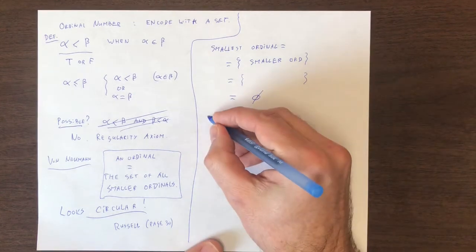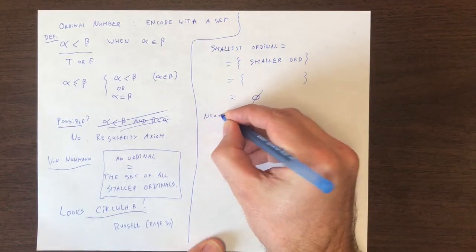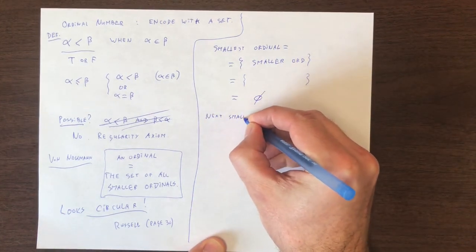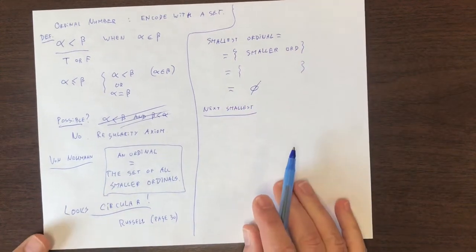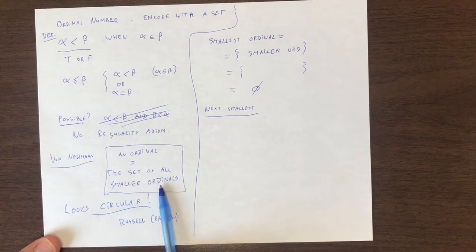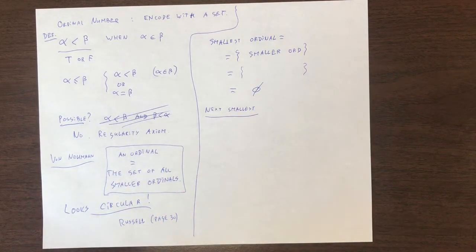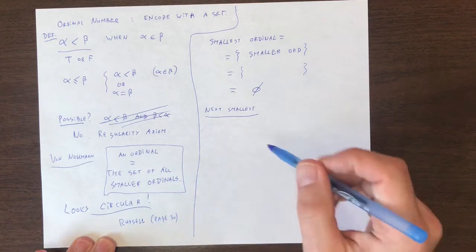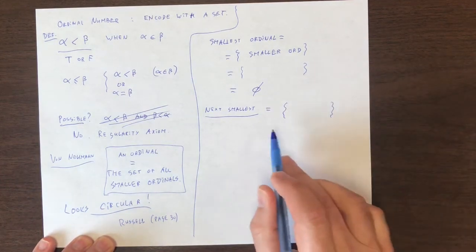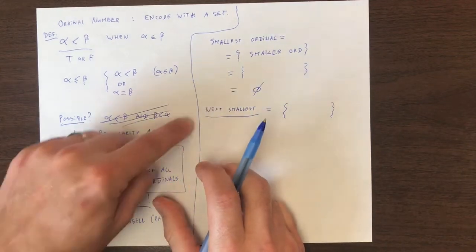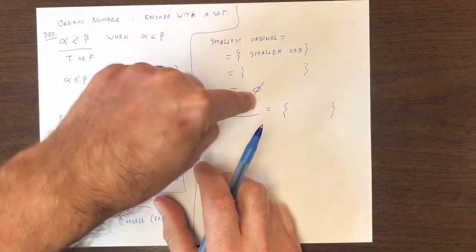So now what is the next smallest, the second smallest? Well, let's look at von Neumann's definition. It's the set of all smaller ordinals. But if you want to figure out the second smallest ordinal, there's only one ordinal that's smaller still, so I need to take the set of all smaller ordinals, and the only one smaller is the very smallest one, which is that.